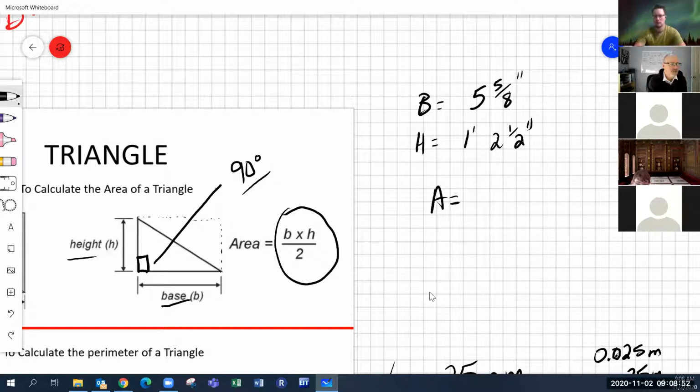What is my area? So now we have to do some work. And I want my answer in feet squared. So you have a little more work to do.